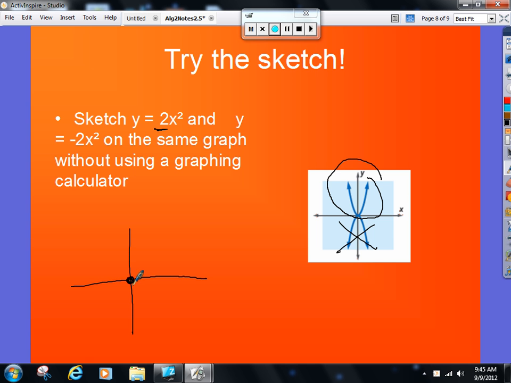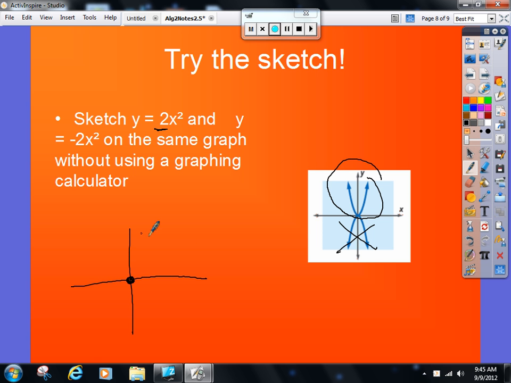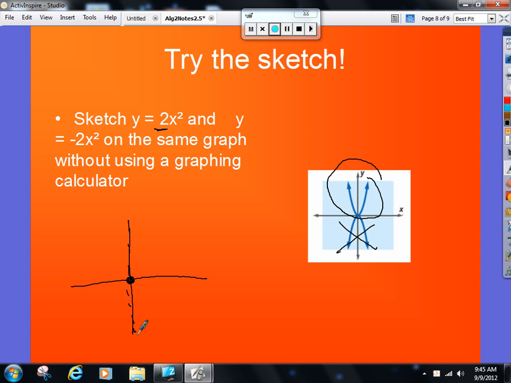Automatically, I know the vertex is at 0, 0. I also know that the fold line is coming right down here on the y-axis. Okay, so I need a couple points. Well, the point that I'm automatically going to do is that point 1, k. 1 is here. What is k? 2. So 1, 2 is automatically on the graph.